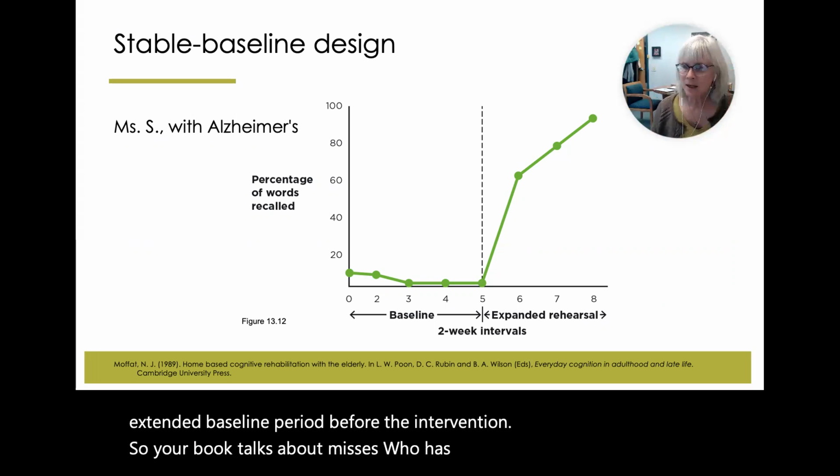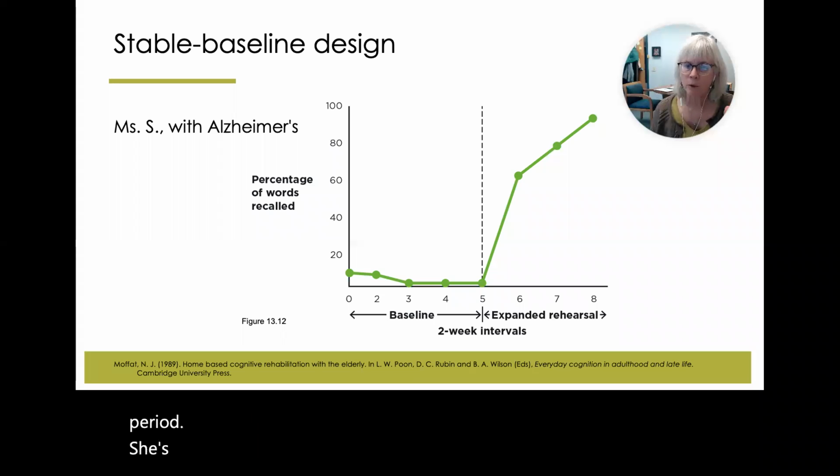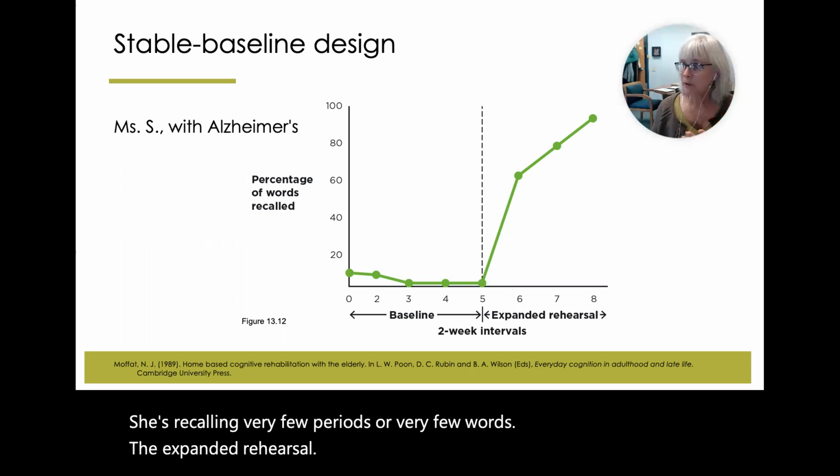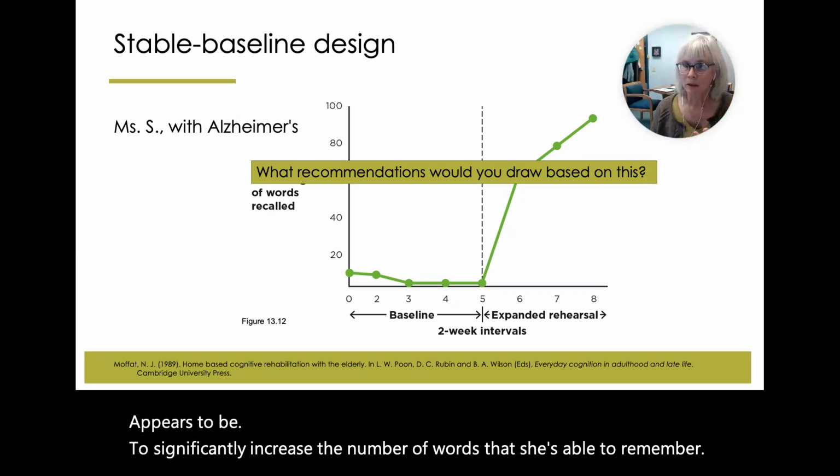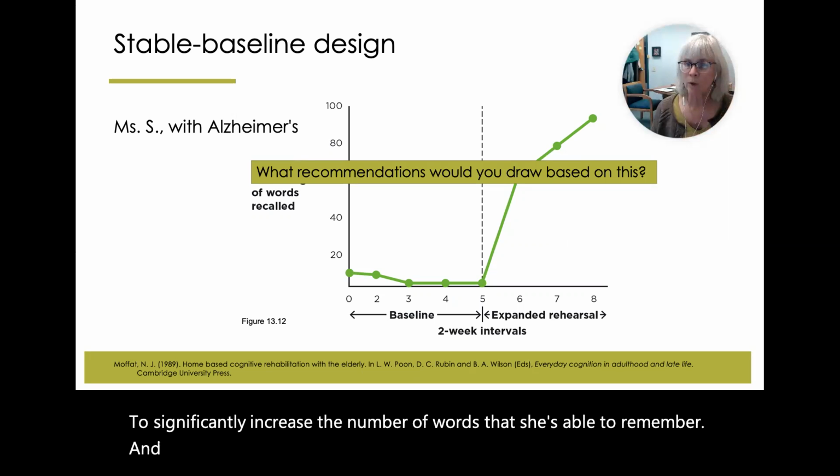During the baseline period, she's recalling very few words. The expanded rehearsal appears to significantly increase the number of words that she's able to remember. And again, think about what recommendations you would draw based on this.